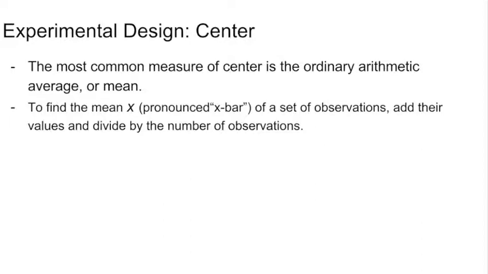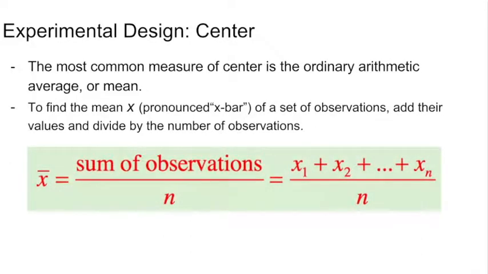So we take all the data, add it together, and divide by the amount of data we have. As you can see from this equation, x bar equals x1 plus x2, etc., divided by the number of observations.